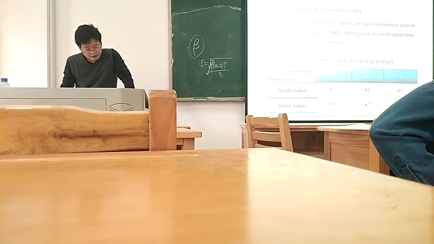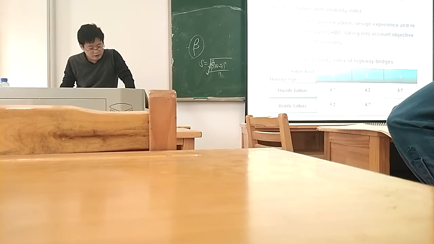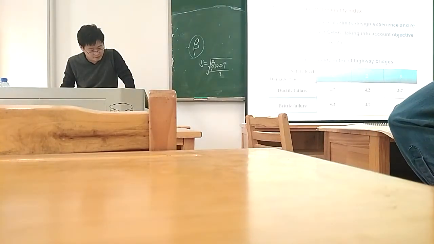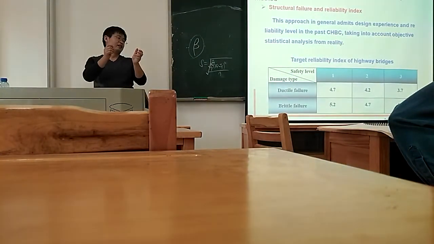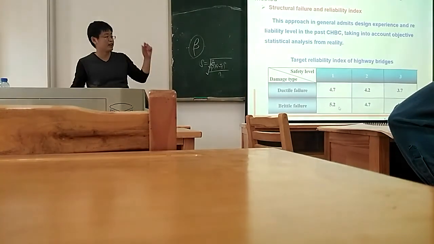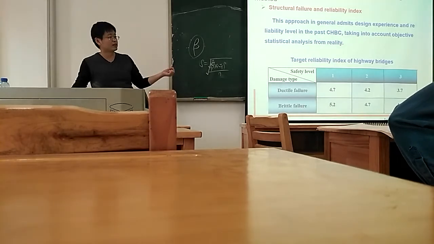So in the code, we have this table: safety levels 1, 2, 3, and damage types, ductile failure and brittle failure. Brittle failure means breaking suddenly, so for this case we need a higher reliability index because it is so dangerous.